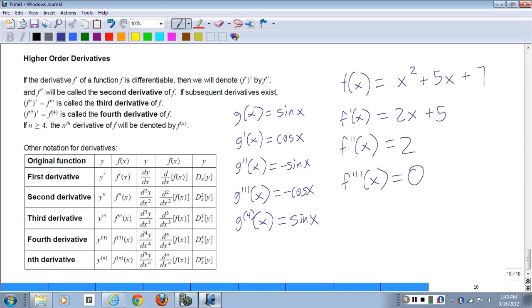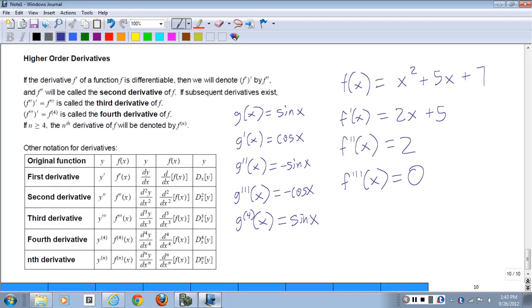When we look at rectilinear motion, the second derivative is going to be the acceleration, which relates back to the original function. And when we look at curve sketching, we'll see that the shape of the graph will be indicated by the sign of the second derivative.